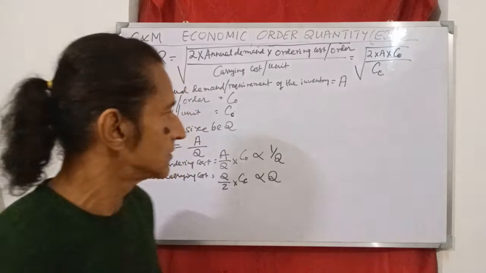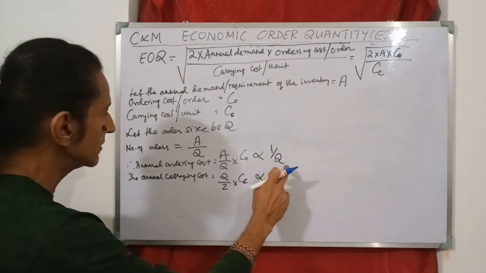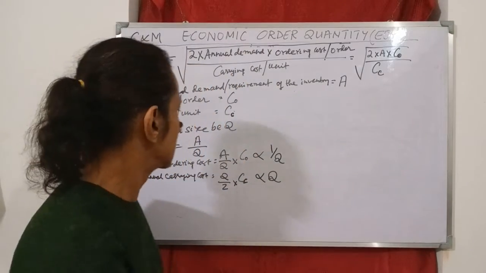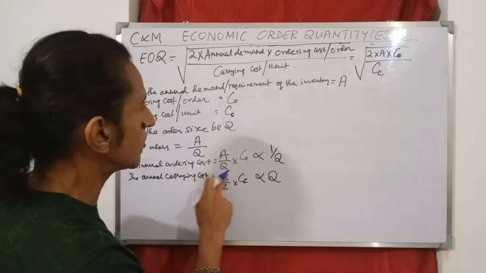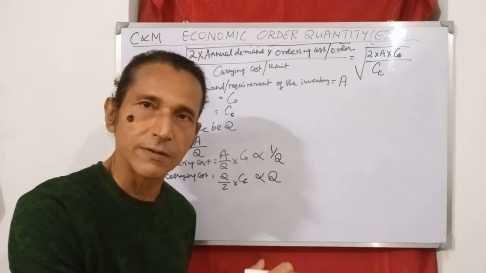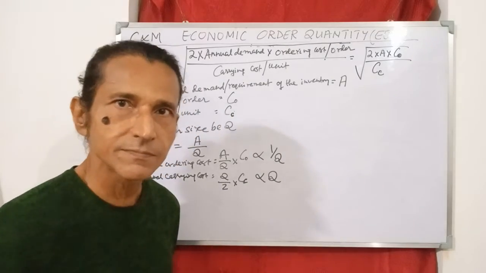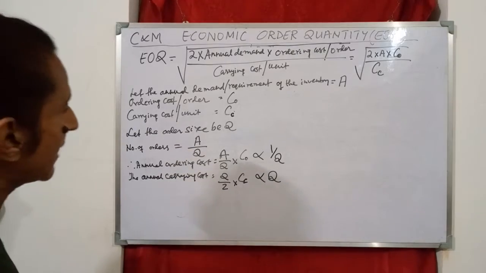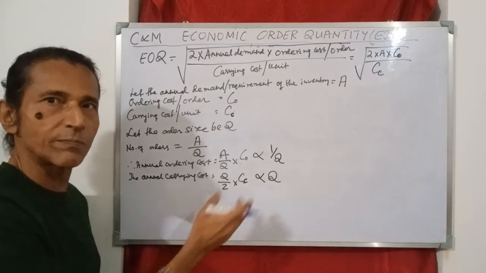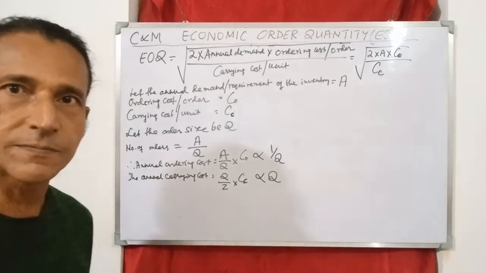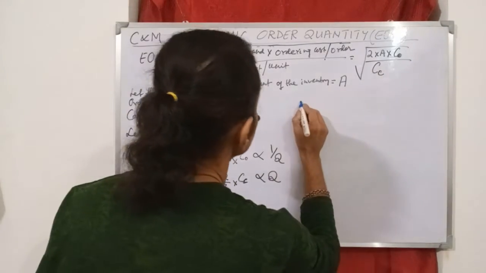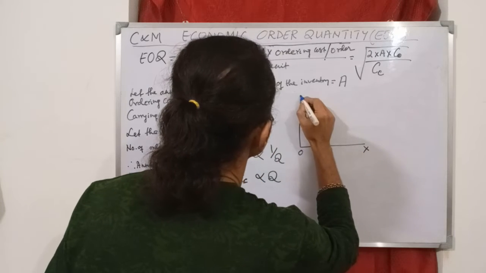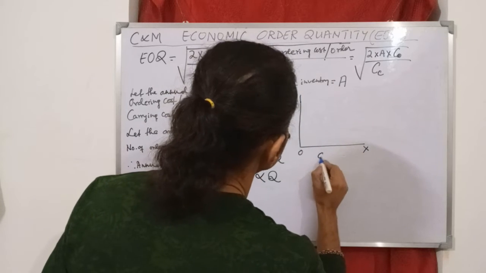Correct? And what is Q? Q is the order size. So, the annual ordering cost will come down as the order size increases, and the annual carrying cost will go up as the order size increases. Right? So, if we draw a diagram, this is order size.